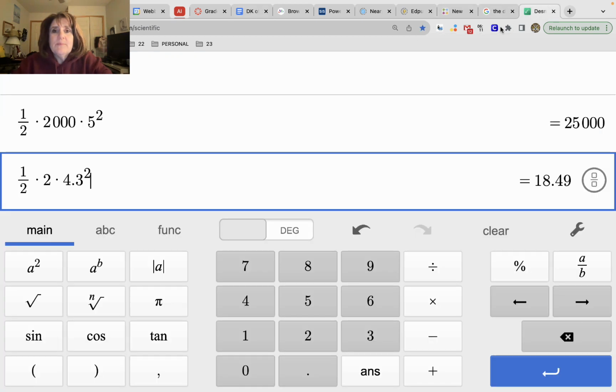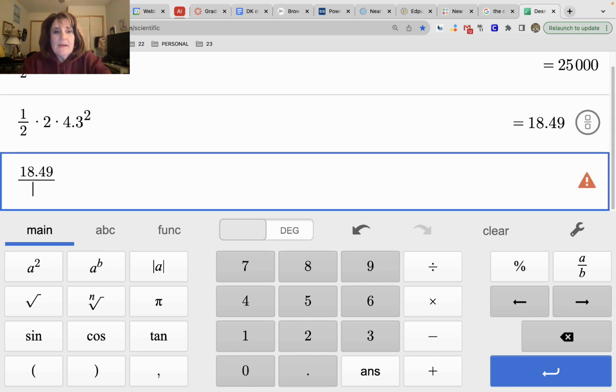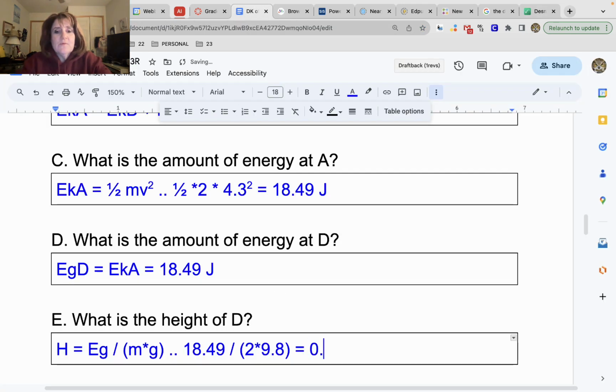So again, back to Desmos, 18.49 divided by 2 times 9.8. And I get a height of 0.9 meters.